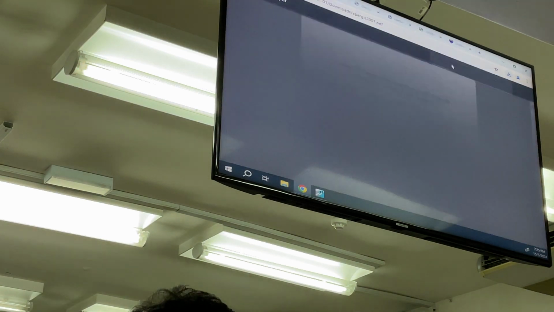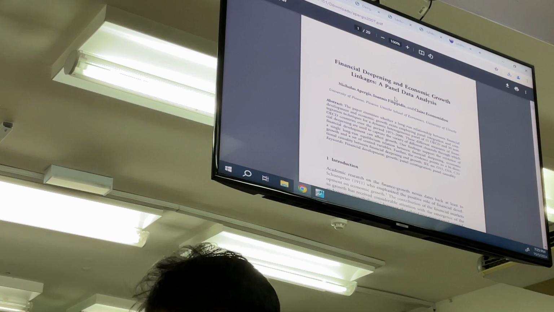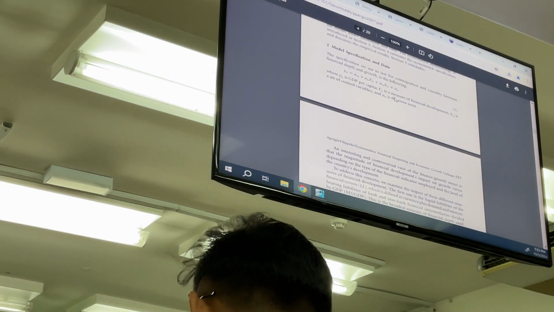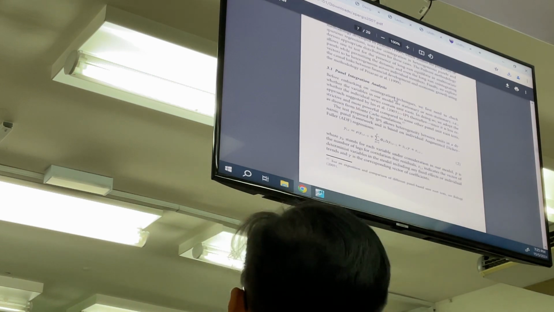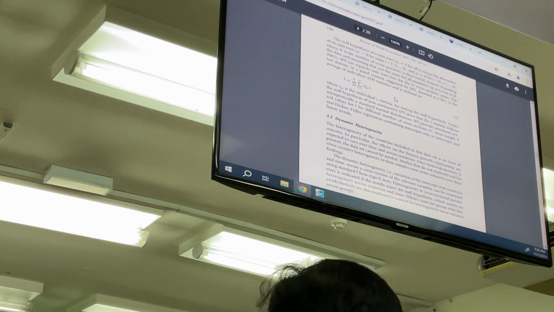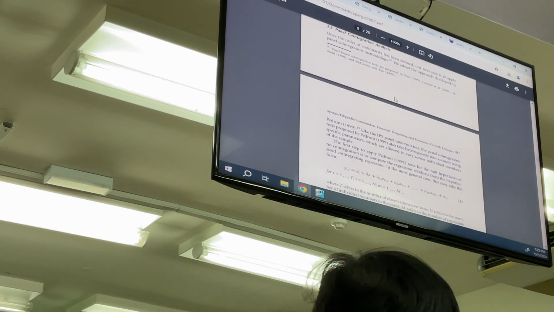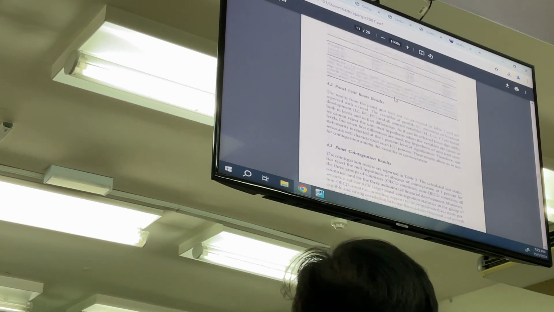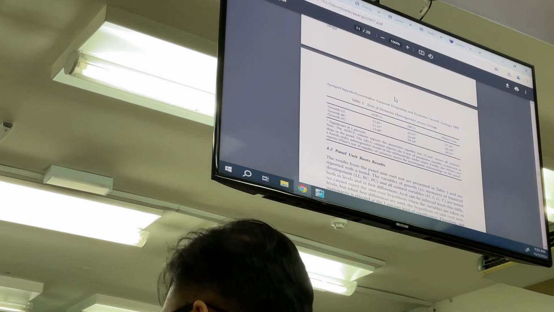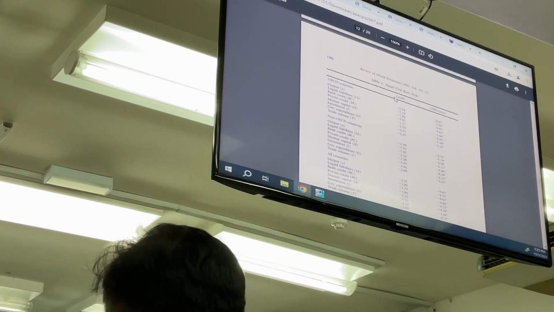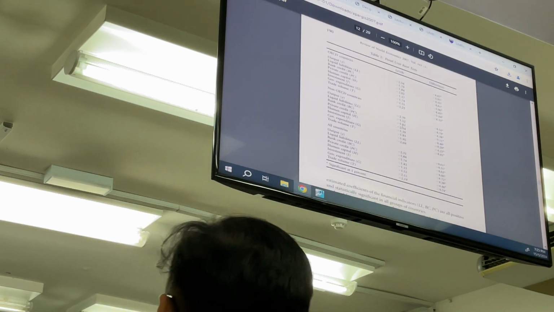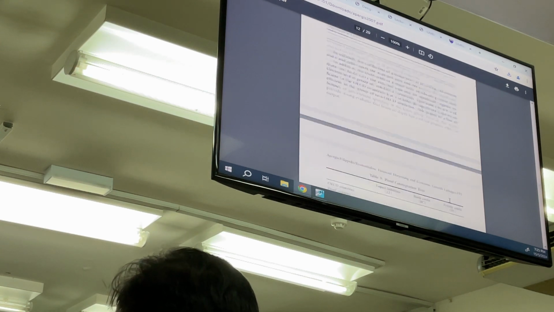The article is from 2007. You can take a look at how people bring out the panel cointegration approach. People will just test the panel unit root test for all the variables.